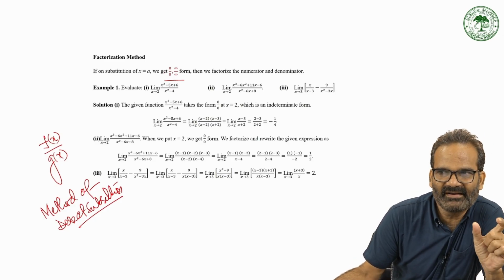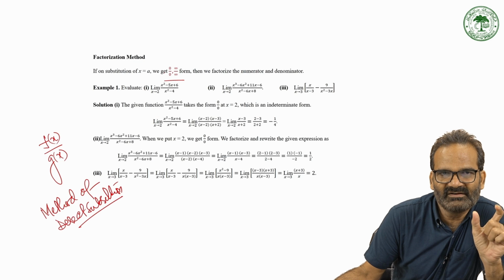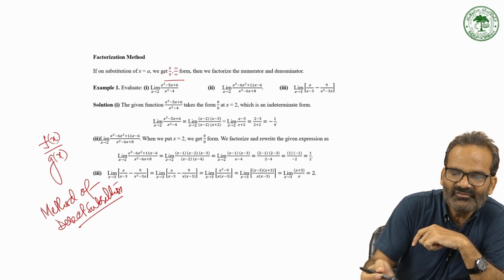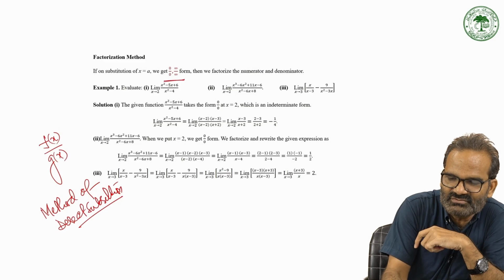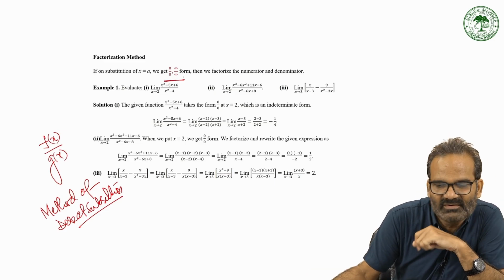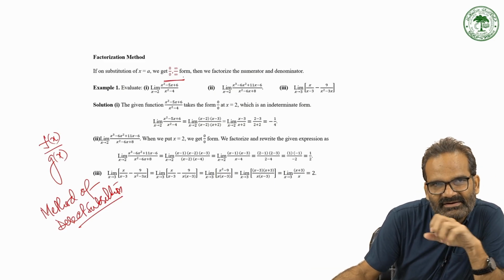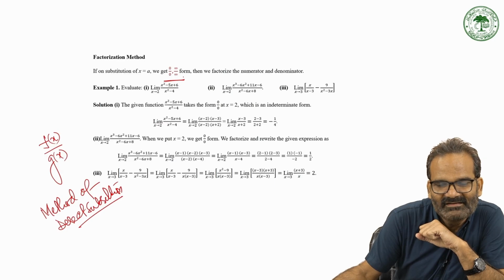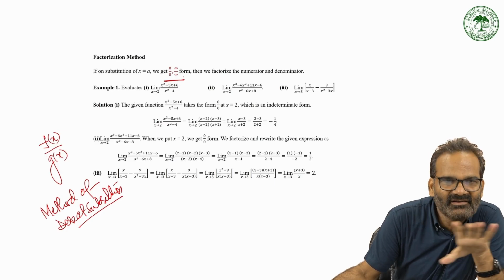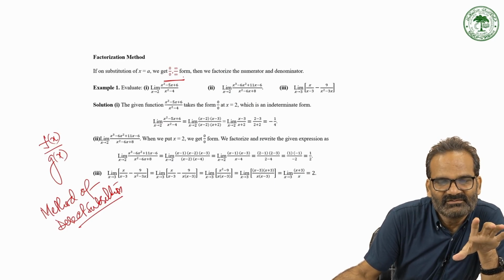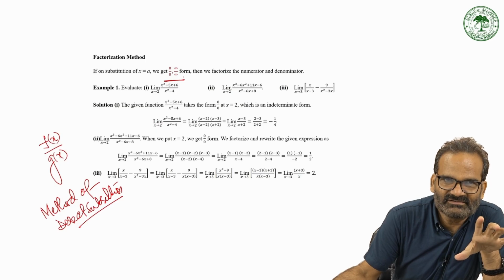If you are getting a finite number, that finite number will be considered as the limit of the given function. Case 2, if you are getting either of these two conditions, 0 upon 0 or infinity upon infinity, these two are undefined mathematically. So naturally, the method of direct substitution fails in this condition.